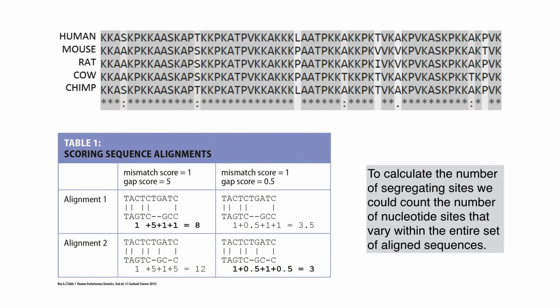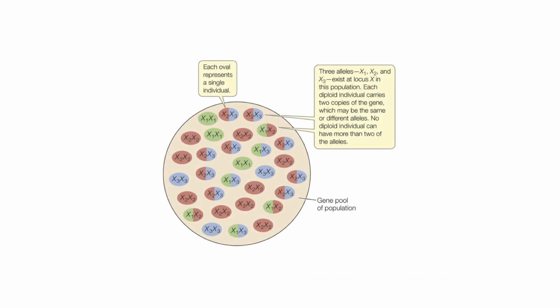To calculate the number of segregating sites, we could count the number of nucleotides that vary between the entire set of aligned sequences. In the picture, you can see segregating sites shown without connector between the two sequences, and the calculations.